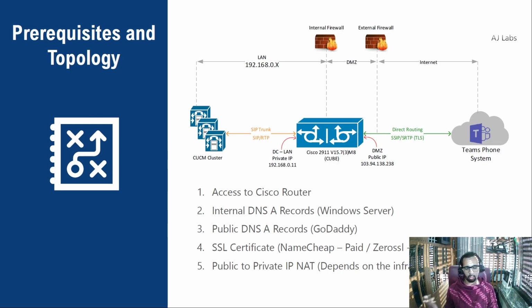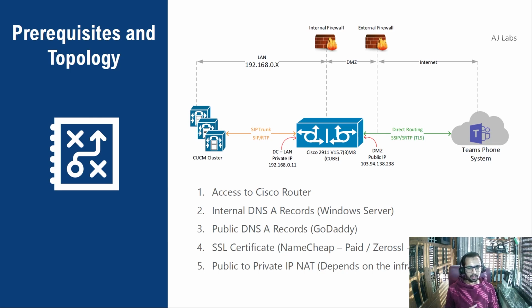We call it a session border controller. The Cisco session border controller is nothing but Cisco CUBE, which is a Cisco 2911 router in my case. It can be any ISR, ASR, or Catalyst router. They can also run the same CUBE version, and then it can integrate these two things together using SIP, Session Initiation Protocol.